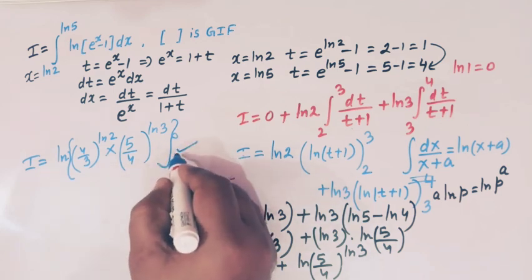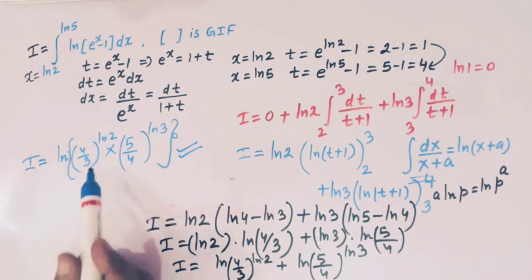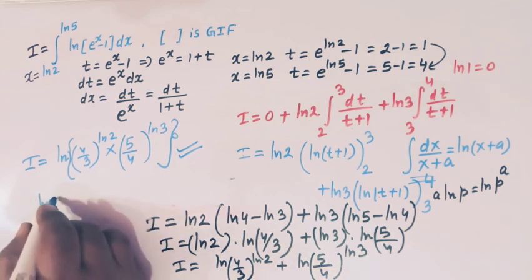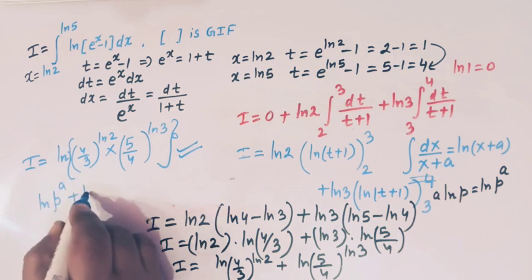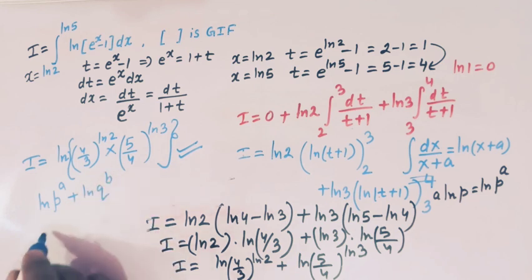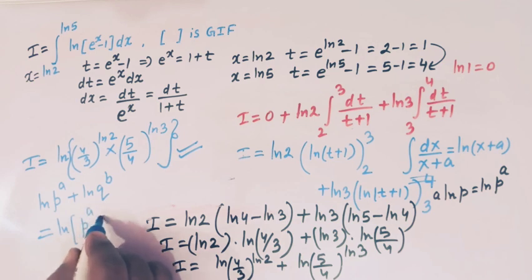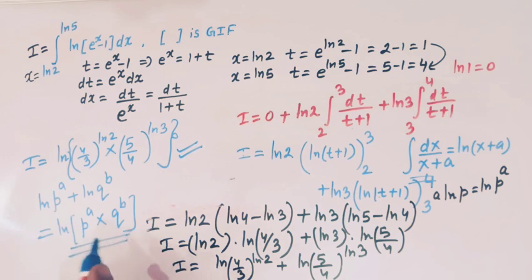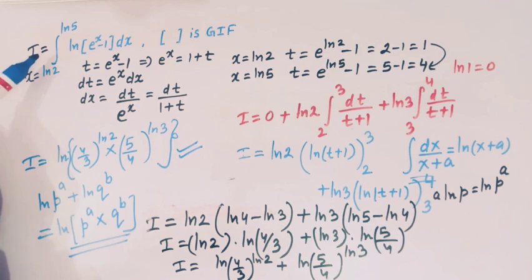So this is the final result for this integral, and here again we have used one important property of log, that is log of p raised to a plus log of q raised to b is equal to log of p raised to a multiplied by q raised to b, right? So this is the final result for this integral, right?